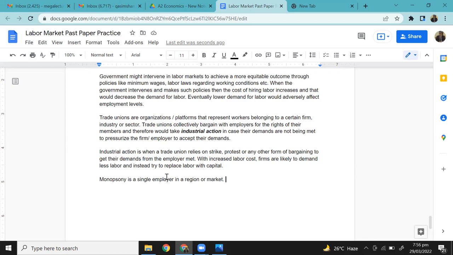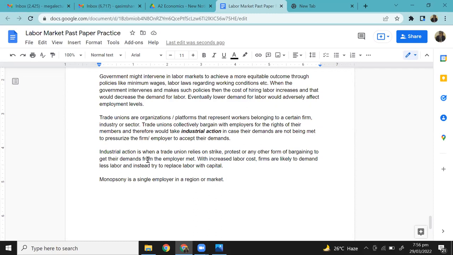Now you might be thinking, how is that even possible? If you think about doctors, there are so many hospitals that are willing to hire doctors. If you think of teachers, there are so many schools who are willing to hire teachers. But how could there be only one firm that is capable of hiring a certain type of labor? And that is what monopsony is.